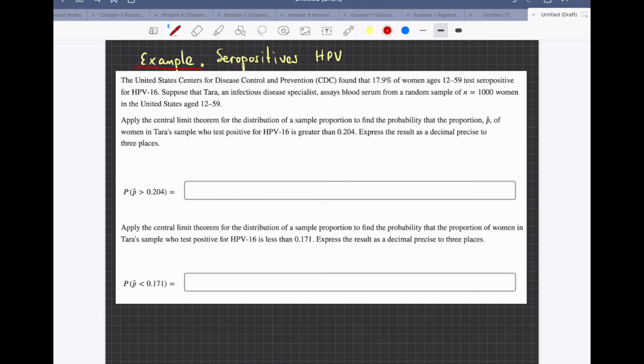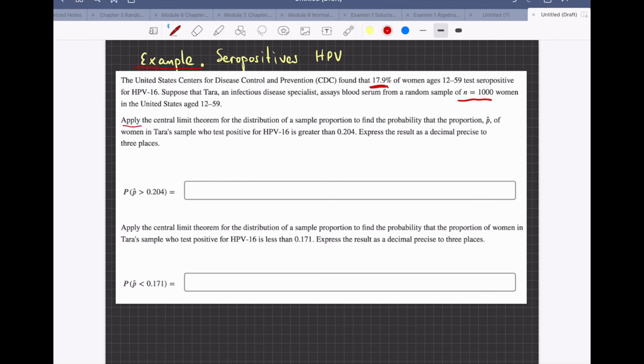All right, next example. The United States Center for Disease Control and Prevention, the CDC, found that 17.9% of women ages 12 to 59 test seropositive for HPV-16. Suppose that Tata, an infectious disease specialist, assays blood serum from a random sample of n equal to 1,000 women in the United States, age 12 to 59.